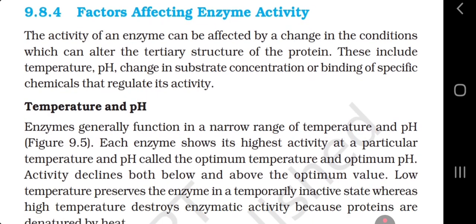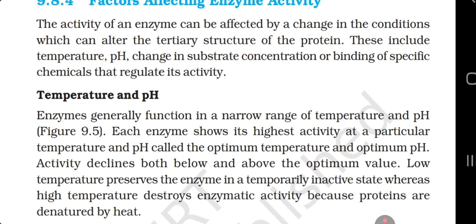9.8.4 Factors affecting enzyme activity. The activity of an enzyme can be affected by a change in conditions which can alter the tertiary structure of the protein. These include temperature, pH, change in substrate concentration, or binding of specific chemicals that regulate its activity. Temperature and pH: enzymes generally function in a narrow range of temperature and pH.